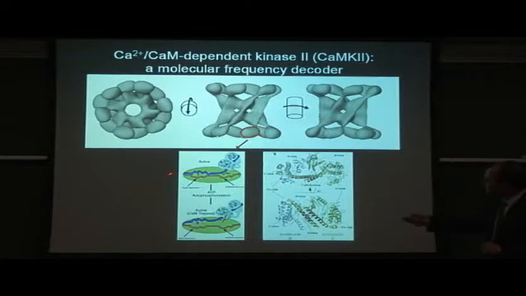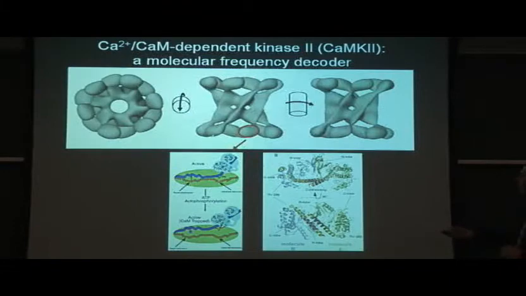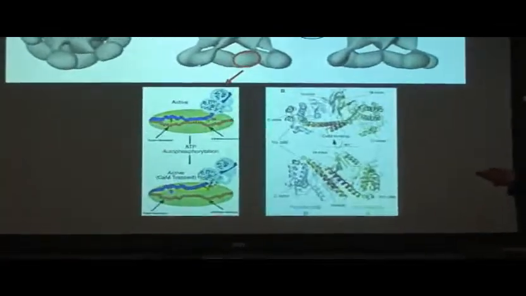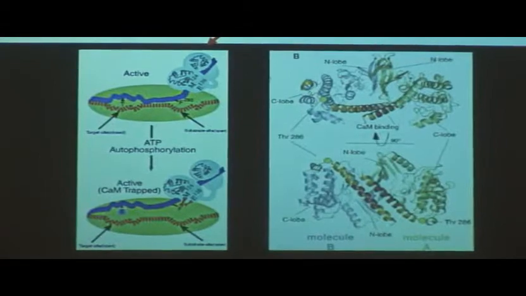You have the active site shown in red, and then you have an auto-inhibitory helix that's shown in blue. And when calmodulin binds to it, it removes that auto-inhibition, opens up the active site so you can get phosphorylation of targets.